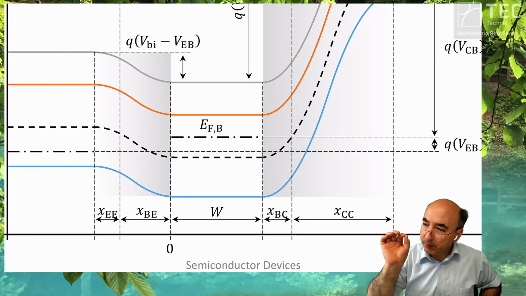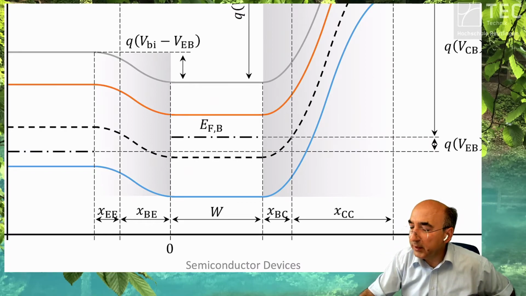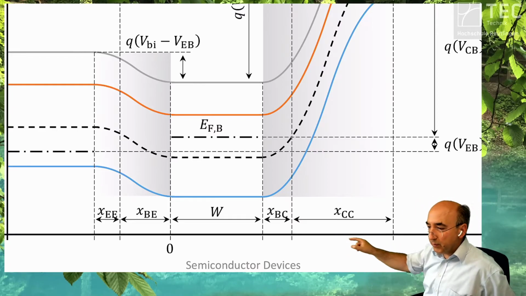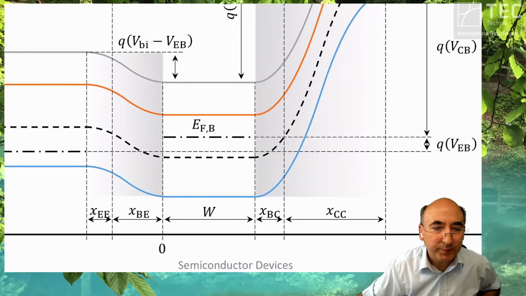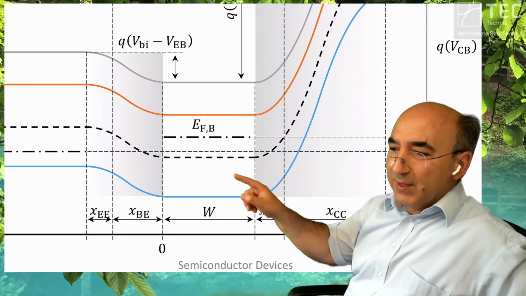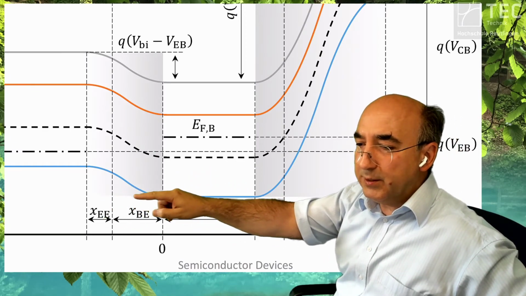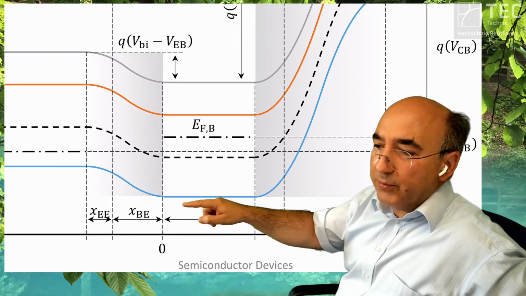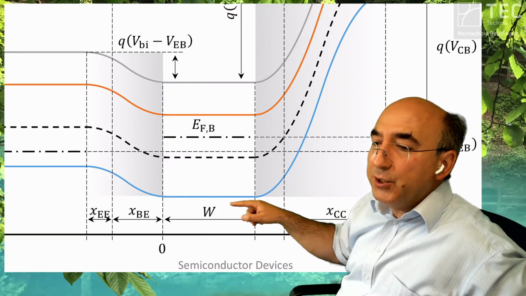Now, the wording is changed. This width is in the direction of the flow of the charges. If you inject your holes from the emitter to the base, all your flow of holes here is in a neutral area.